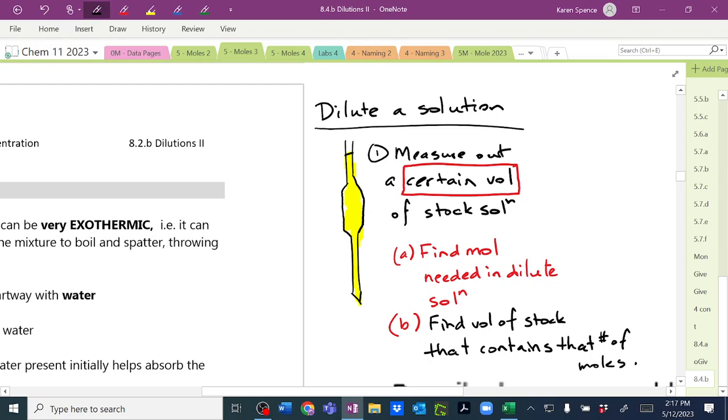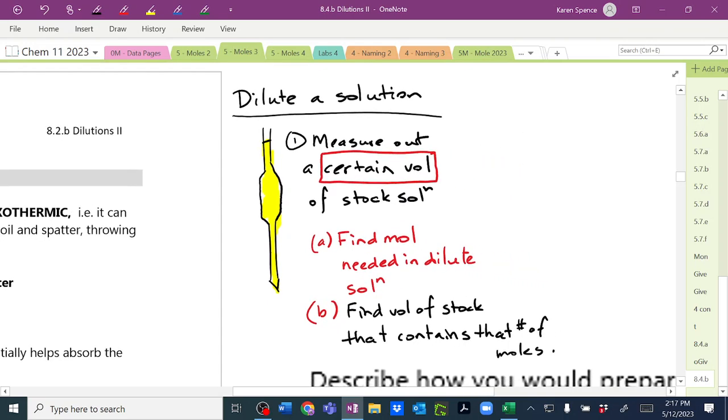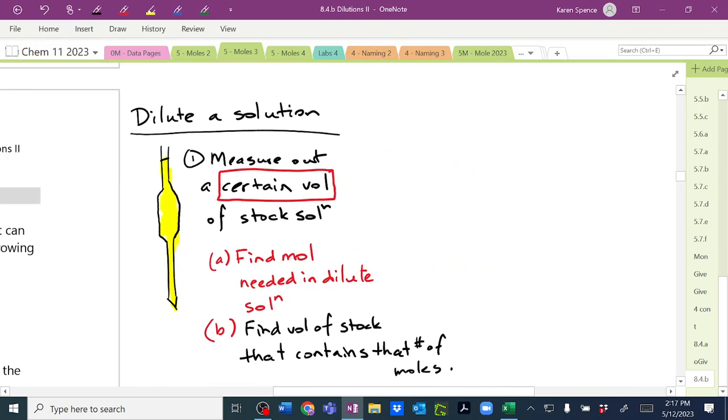That's the mathy bit. That's not the procedure bit. You would not need to write that out if you're giving the procedure. So we'd measure out that certain volume of stock solution.